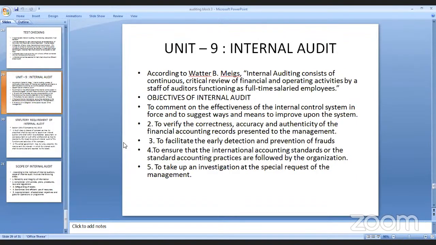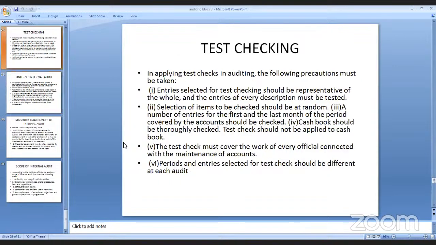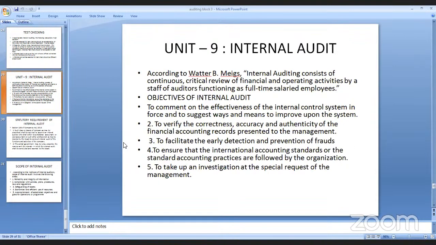Next, unit 9. See, the important questions up to here I will give you in the next class. Next, unit 9, we have internal audit. In the beginning also we discussed internal audit. Internal auditing consists of continuous and critical review of financial and operating activities by a staff of auditors, functioning as full-time or salaried employees.